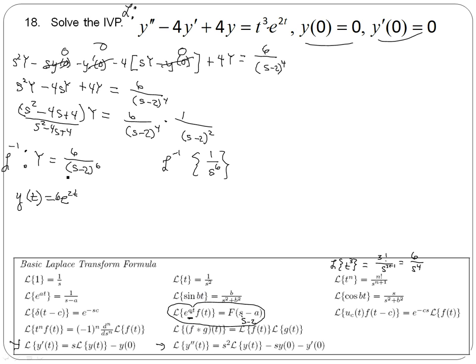If I factor the 6 out, and that shift of 2 is your first translation theorem, gives you e to the 2t.